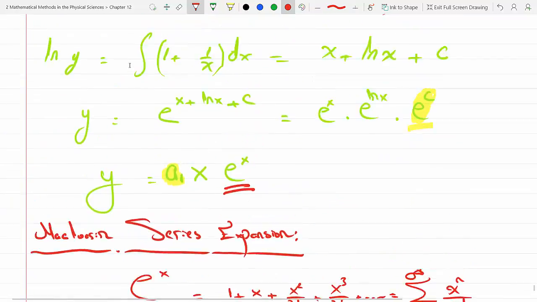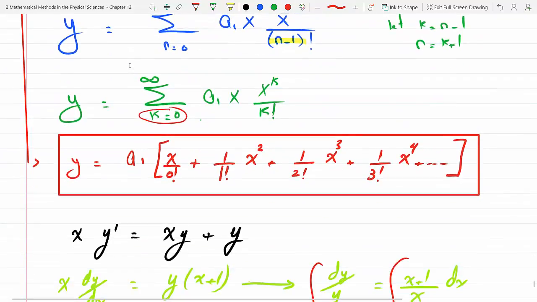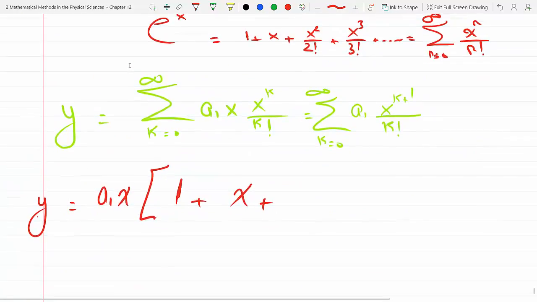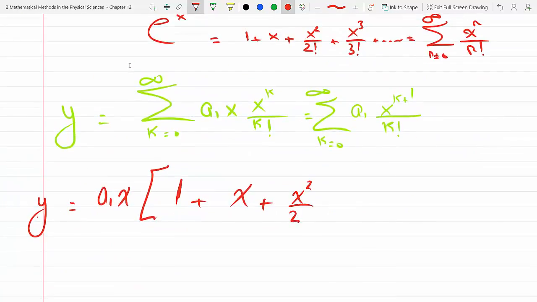And the third term, if I'm factoring out an x, would be x squared over 2 factorial, and this is x over 1 factorial, and this is 1 over 0 factorial. So you can see now the integer power of x matches the integer factorial in the denominator, and so on.